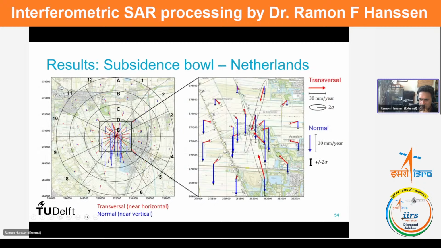Now, if you zoom in, you can also appreciate the uncertainty element in it. We're now zooming into the middle part, and now we show the confidence ellipses. And this is very interesting because the vertical first is in blue, and the confidence region is an error bar. Here we see that this is very significant because the error bar is small and the length of the vector is very big.